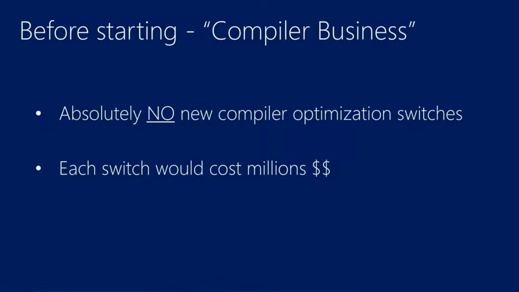So each switch that we add to the compiler is really well thought out, because it's easily going to add a couple of $1 million a year just to the testing. So everything we try to do and evolve in all the technologies I'm about to talk about have to be on by default.